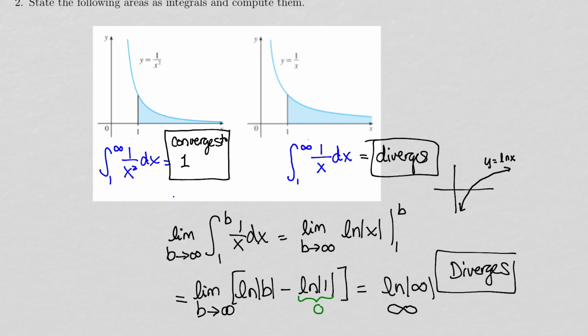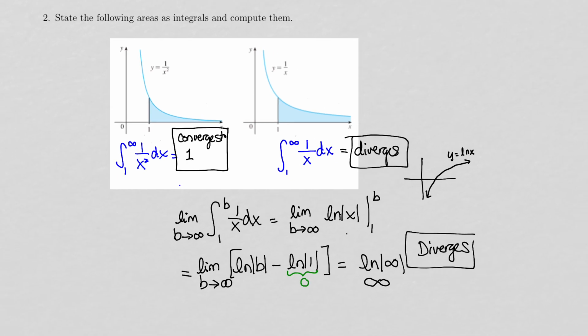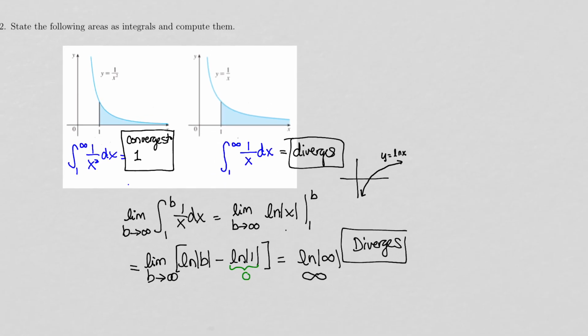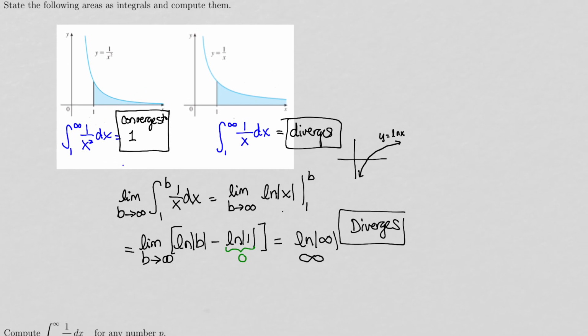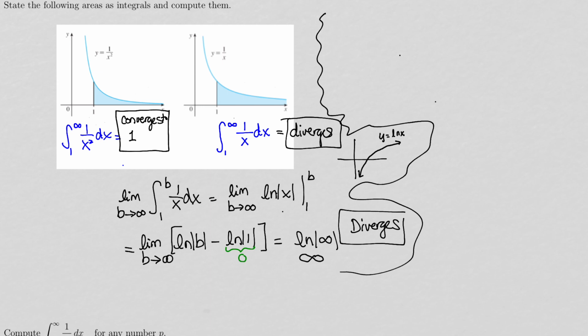Do you think there's some kind of pattern? I wonder if there's something that happens here. We might as well look at a couple more while we're at it. Can you guys look at the following and tell me, do they diverge or do they converge? What is it that makes it converge or diverge?